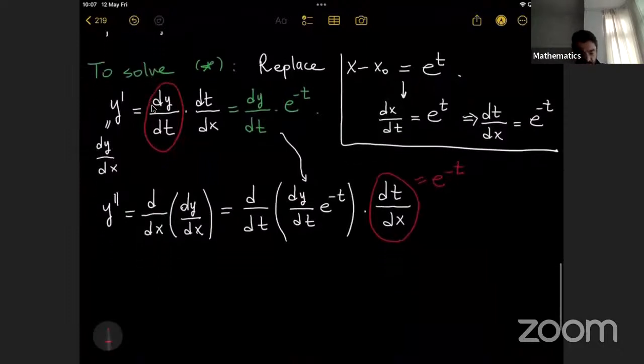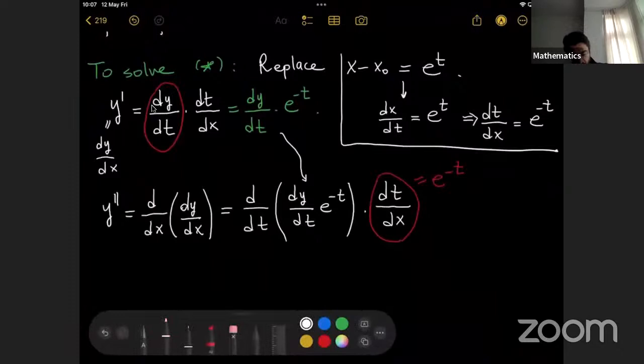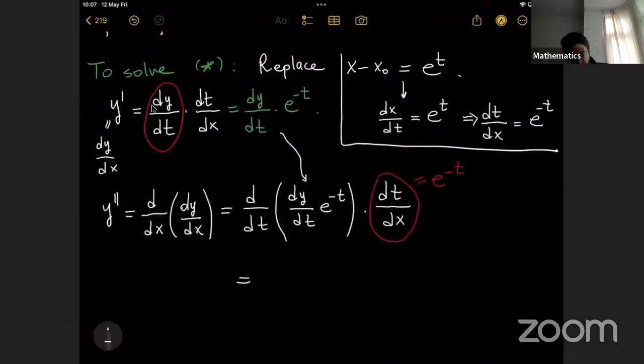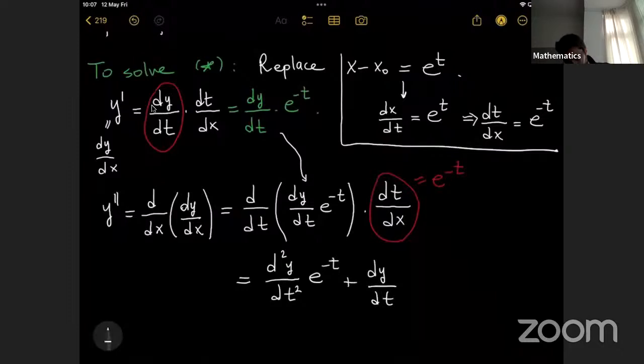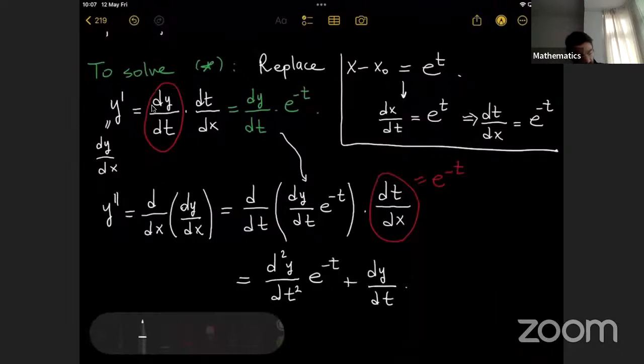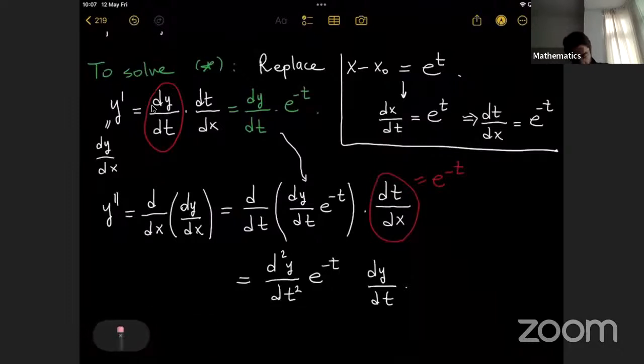So from this, we get what? We use the product rule here: d square y dt square times e to the minus t, plus dy dt times the derivative of e to the minus t, which is e to the minus t times minus 1. So there's going to be a minus sign somewhere here.